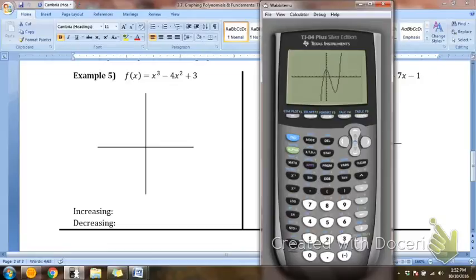Please raise your hand if your graph does not look like mine. Okay, so check with Tracy beside you. Yours does not look like mine? So go back to your y equals. Don't start drawing anything on your paper yet. Anybody else?